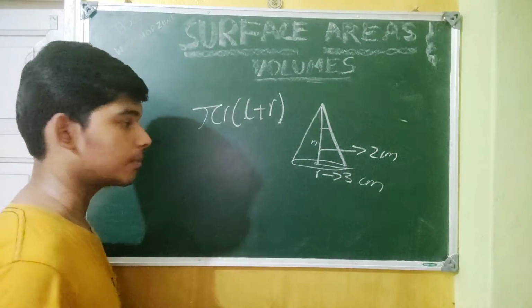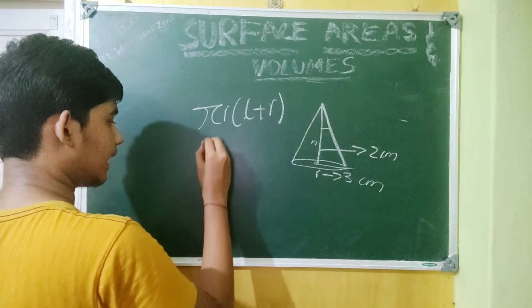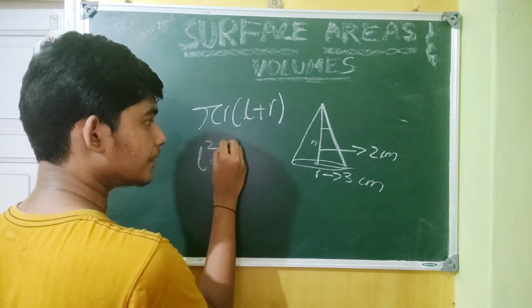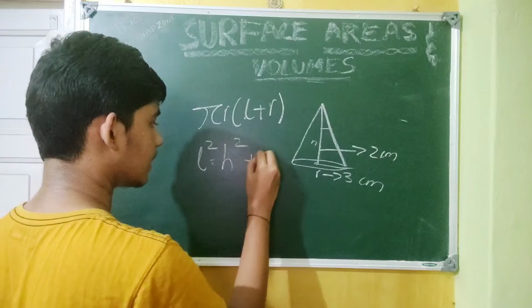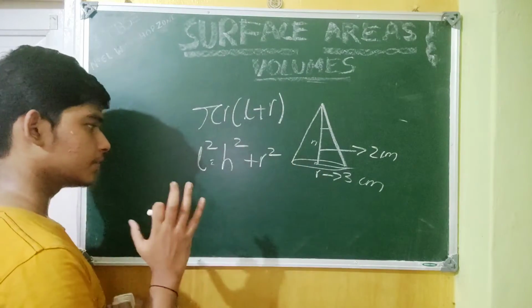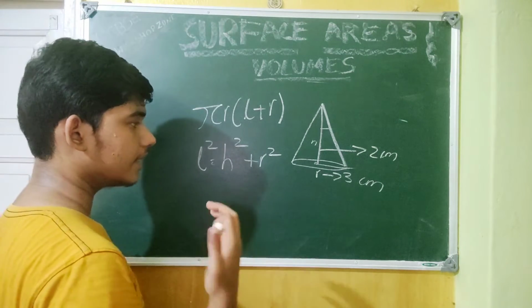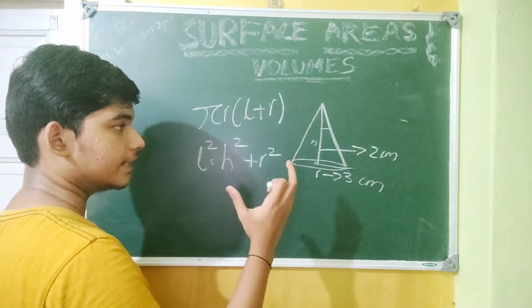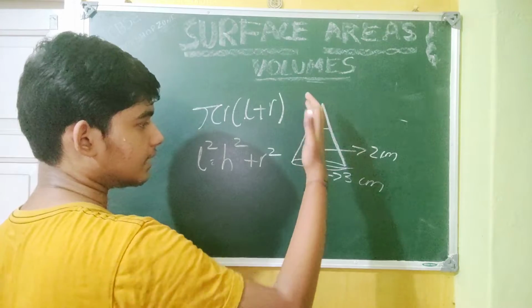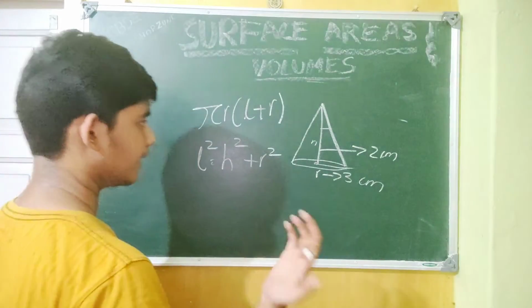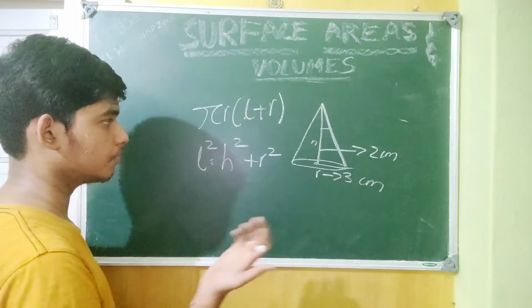We have another formula for this, which is L square is equal to H square plus R square. This formula, which is basically slant height square equals height square plus radius square, can be used to find the length of the slant, and we can use it in the surface area formula.